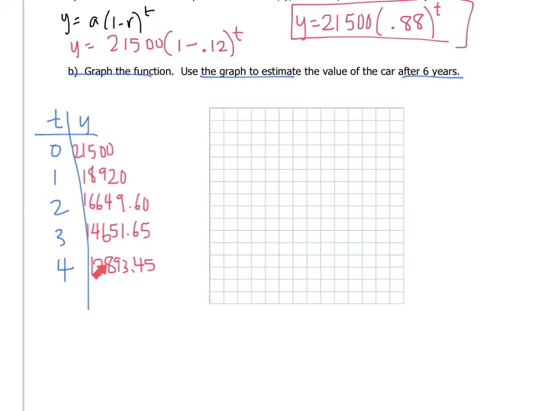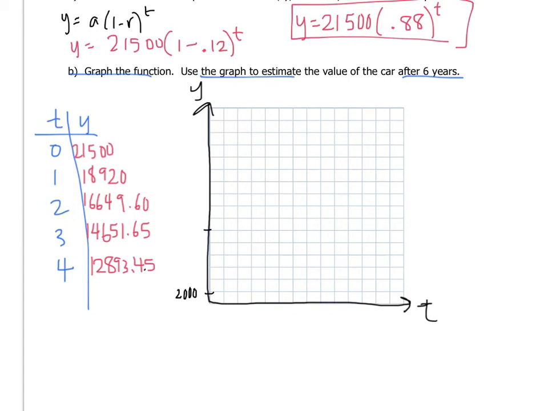I just now have to figure out what scale I can use. And since it's a decreasing graph, I can't make a break. So I have to really think about what I can fit on my graph. It looks like I could go by 2000s, and then I'd fit everything on here.